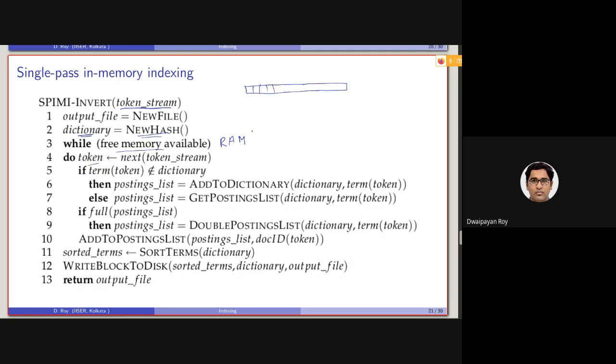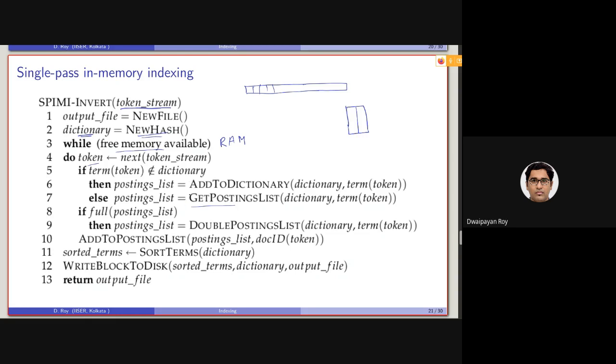I'll also be keeping one dictionary, which is a key value pair, as I hope you can remember, which is a hash map, a hash table. So if the term is already in the dictionary, I will be getting its posting. Let's go line by line. If the term is not in the dictionary, in the beginning the term will not be in the dictionary because the dictionary is empty, like we are initializing the dictionary.